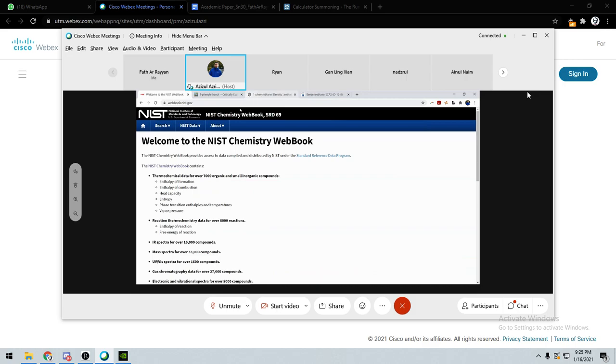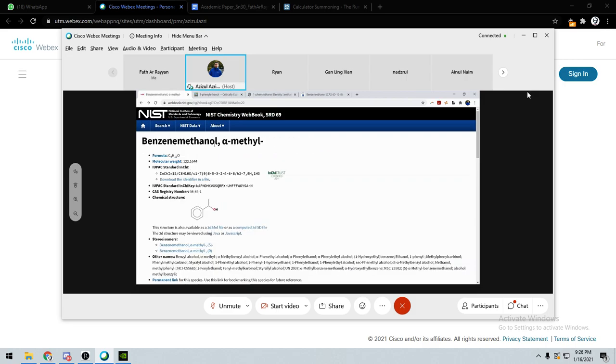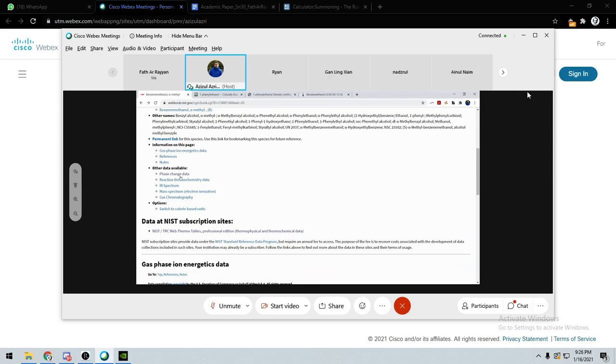This is one of the sources that you can go to in order to find the needed information, the NIST Chemistry WebBook, webbook.nist.gov. You can find all the needed information here. You can search by name, by formula, by CAS number. For example, this one is benzene methanol alpha methyl. You can find the phase change data, for example, the delta H vaporization.